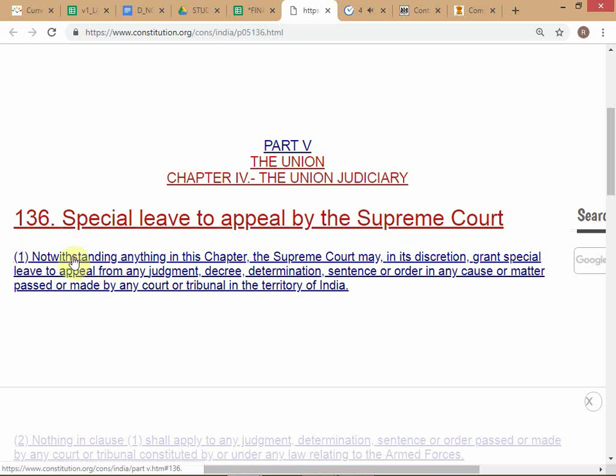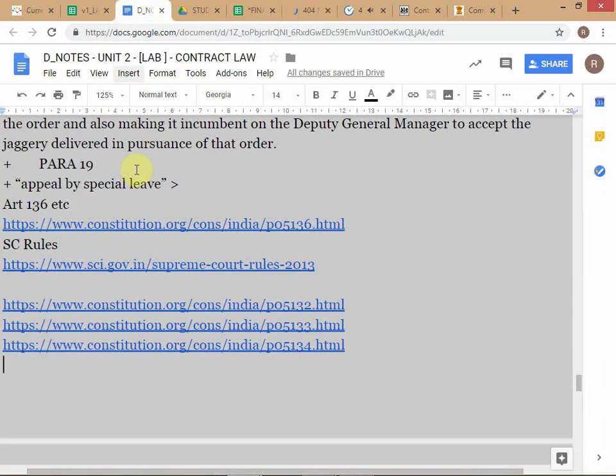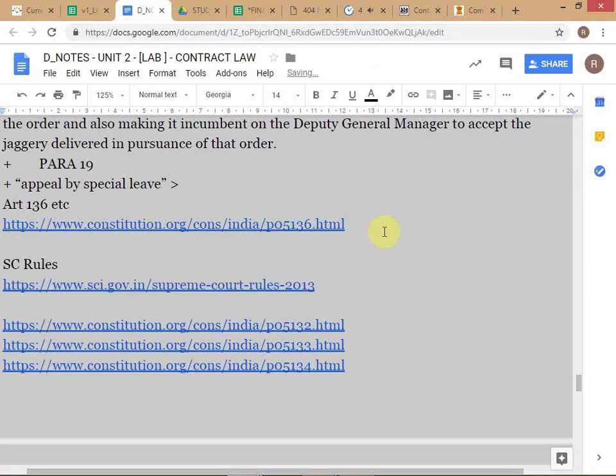I can't copy it from here, but what you see here is the text of Article 136, and we're also going to learn something else here. This expression that we have, notwithstanding. What 136 says we'll come to later.